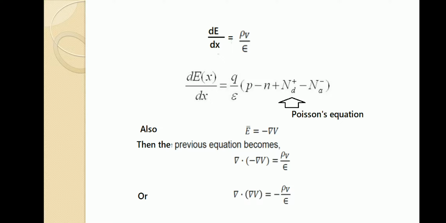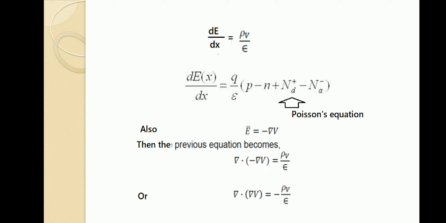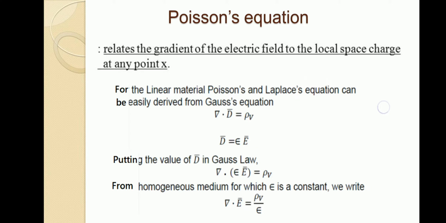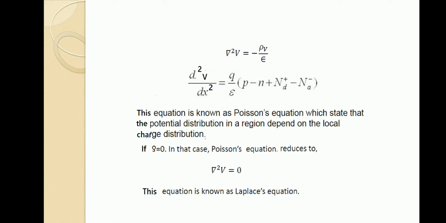We can also write E as the negative gradient of potential. So we replace del dot E with del dot minus del V, which gives del dot minus del V equal to rho V by epsilon, or del dot del V equal to minus rho V by epsilon.